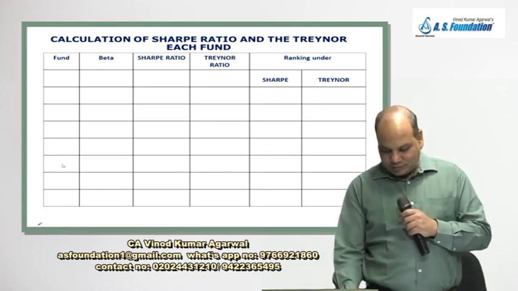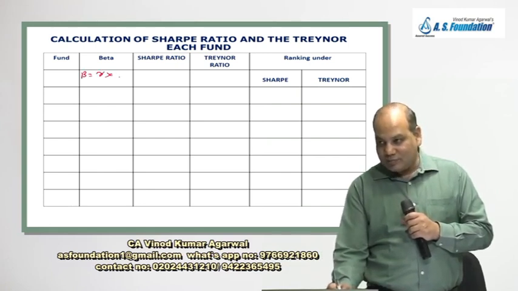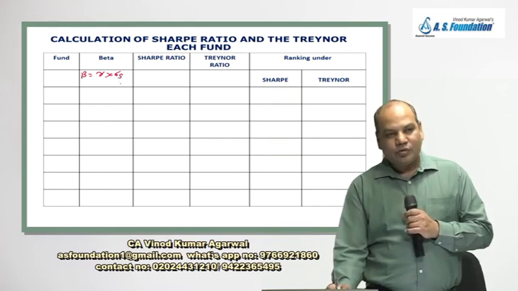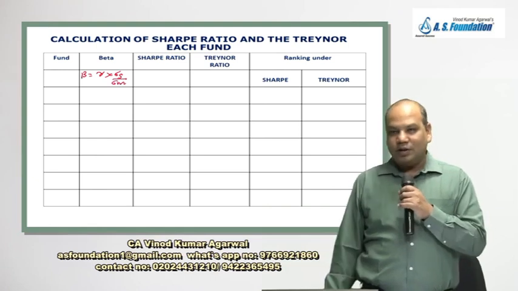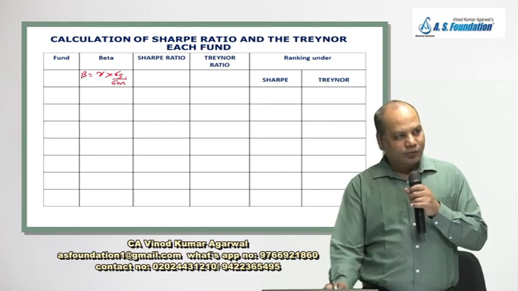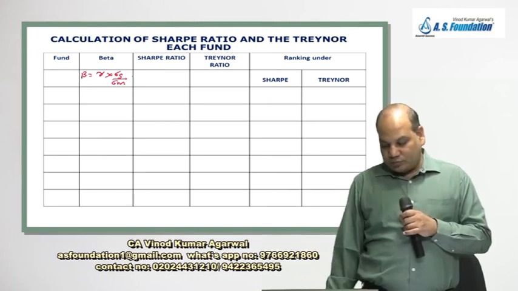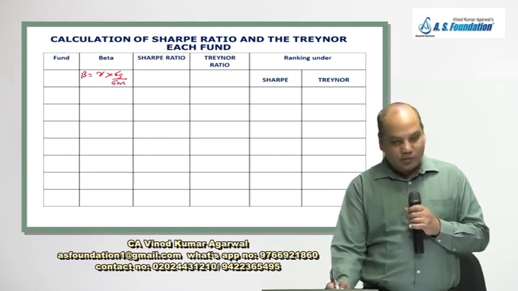Beta equal to R into standard deviation of the stock upon standard deviation of the market. Stock can be replaced by portfolio or mutual fund. Okay. So here sigma S means standard deviation of mutual fund.